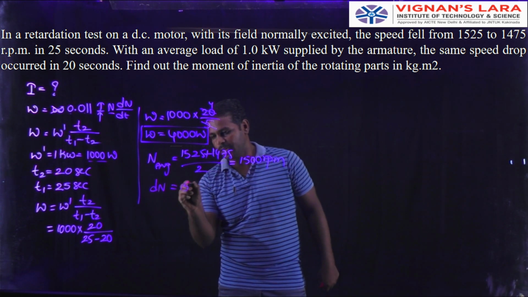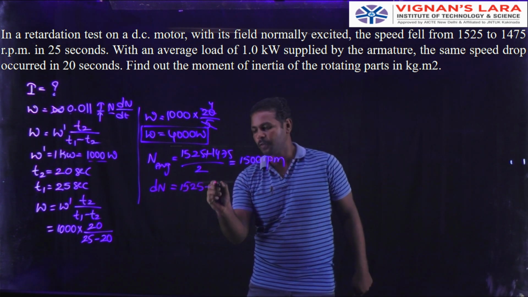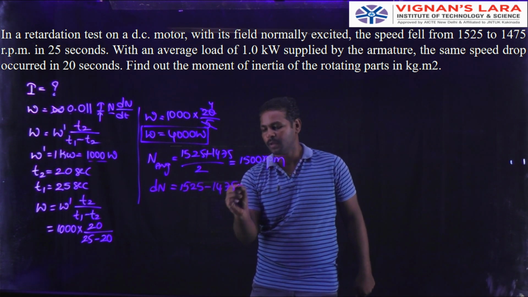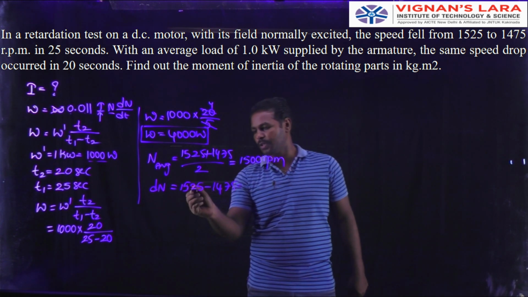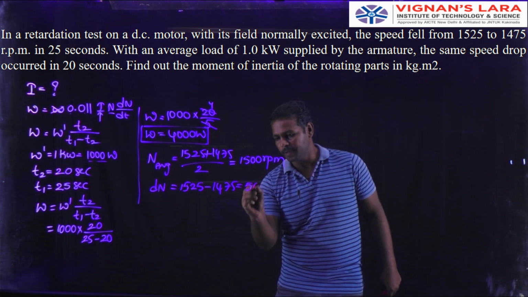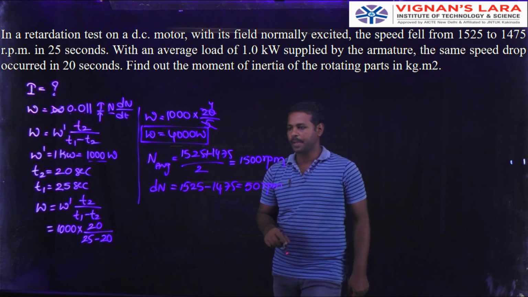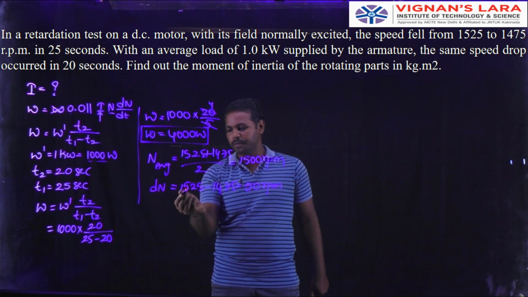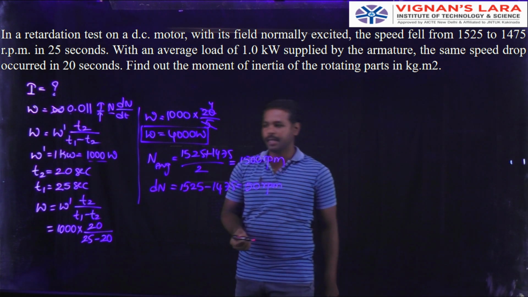1525 minus 1475, the difference between these two, is 50 RPM. So the change in speed is 50 RPM.